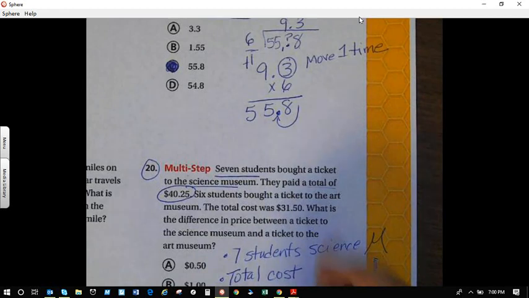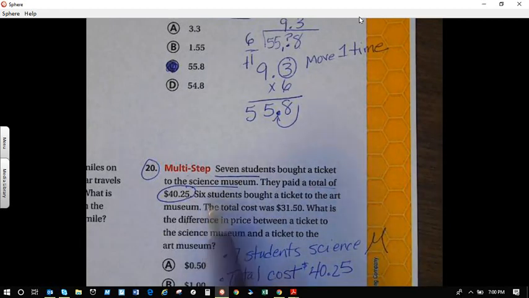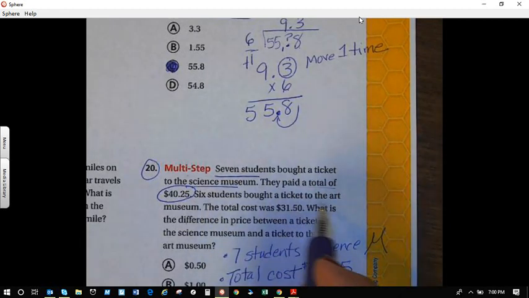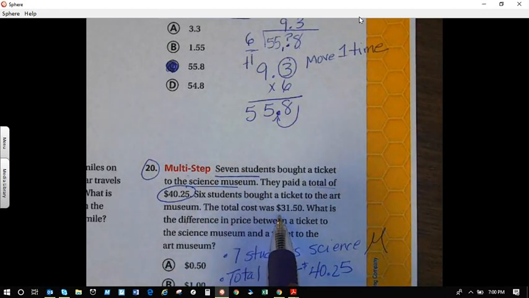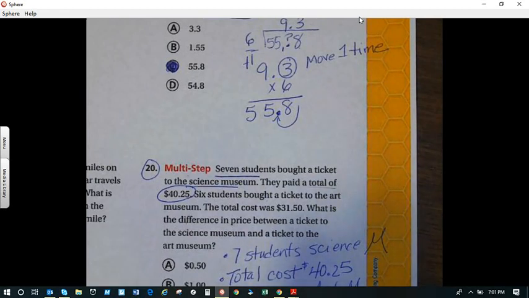I can put total paid. It's $40.25. Okay, 6 students now bought a ticket to the Art Museum. The total cost was $31.50. So 6 students, Art, M for museum, total cost $31.50.